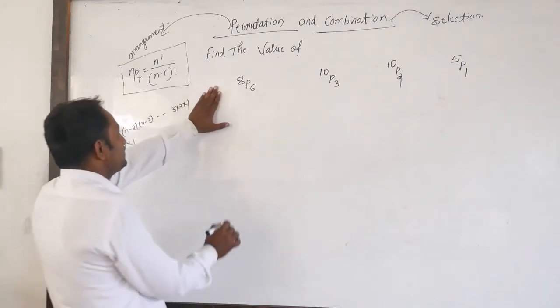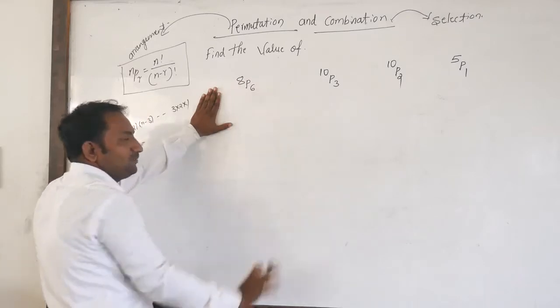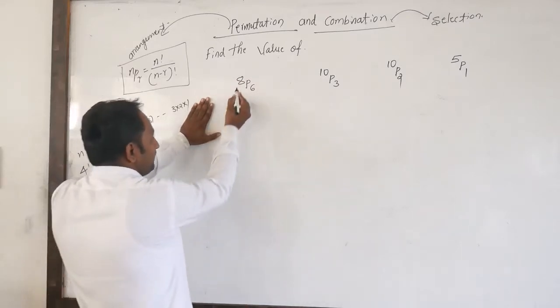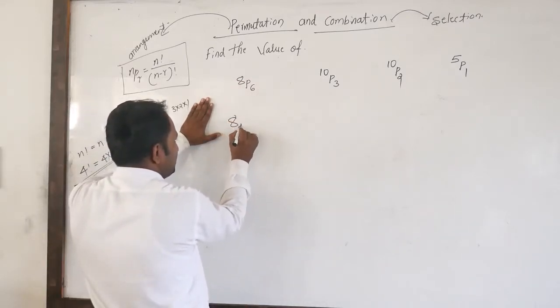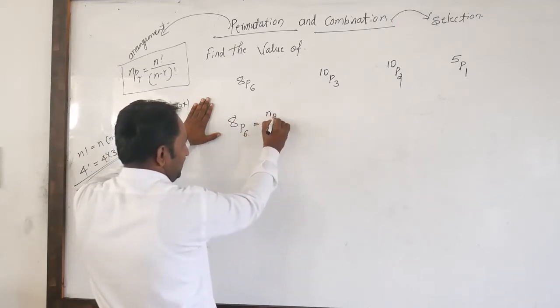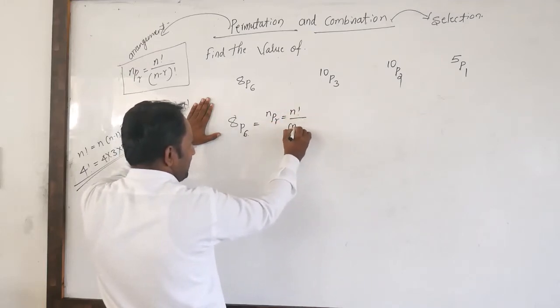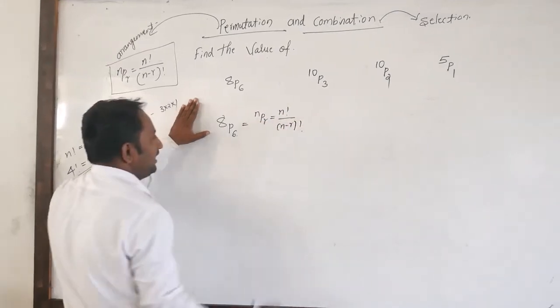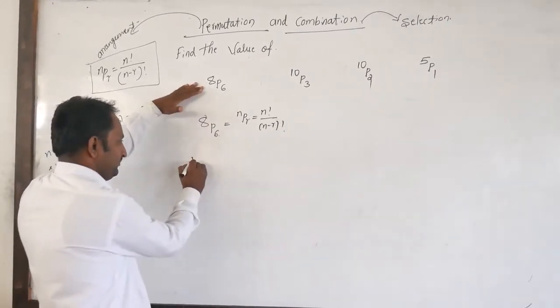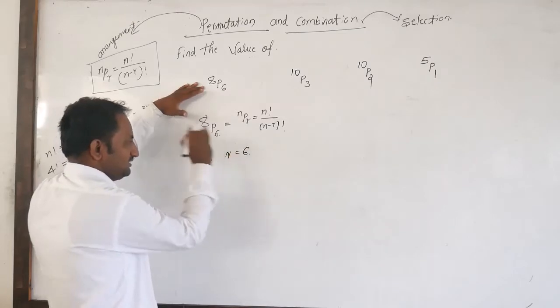On the basis of this concept, let us find the value of 8P6. Comparing 8P6 with the general form nPr = n factorial divided by (n minus r) factorial, in place of n, 8 is there, and in place of r, 6 is there.